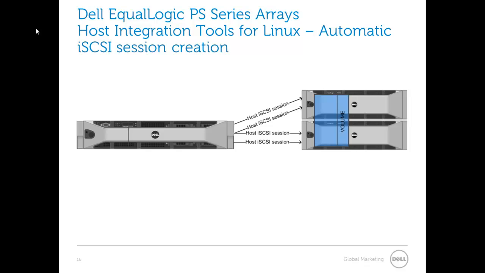Normally, with Linux native MPIO, there would be only 2 host iSCSI sessions to one array. But with HIT for Linux installed, 2 more host iSCSI sessions are automatically created to the other array. You can view how many host iSCSI sessions have been created by using the ehcm CLI command.